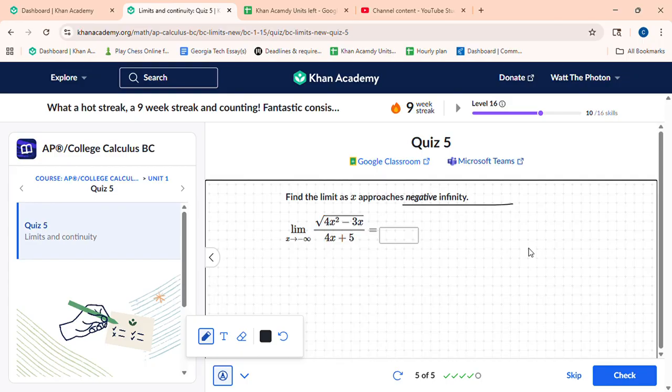That's 8x squared, 6x, 2x squared minus 24x over 8x.